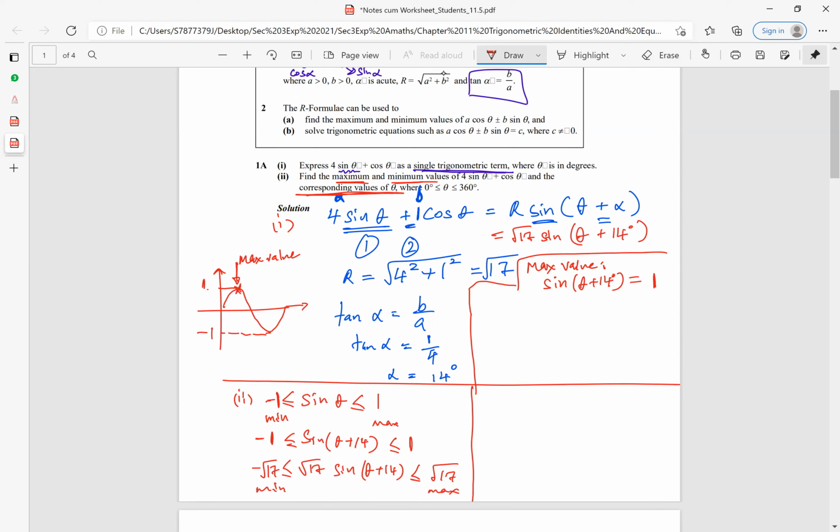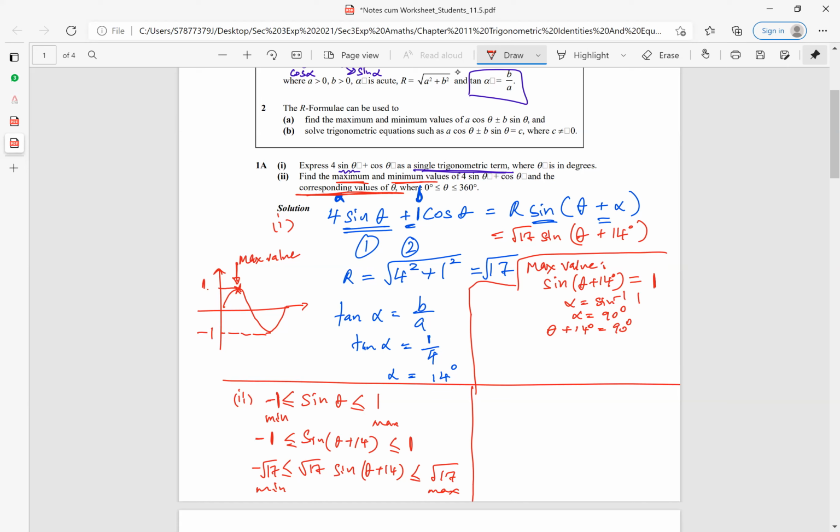Okay, so you're just finding what is the value of theta. So you know sine inverse of 1 is what? What do you get? Your basic angle, what do you get, guys? There's only one value. Do you agree? Okay. The next step that I need to do is equate this. So this one is equal to 90 degrees.